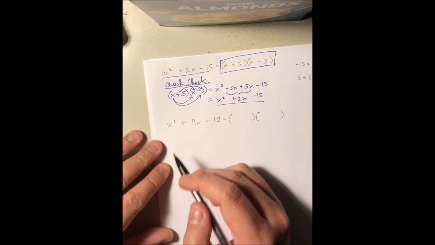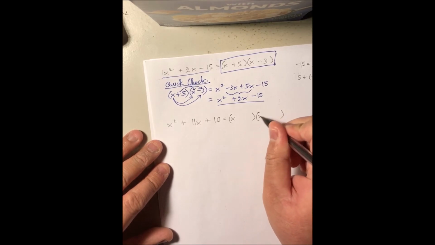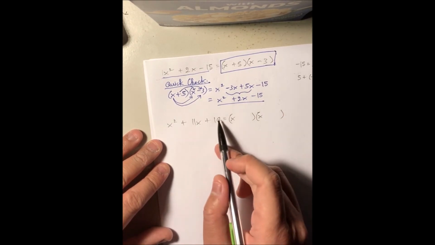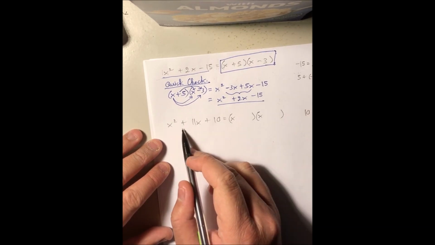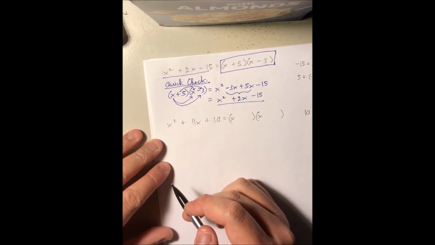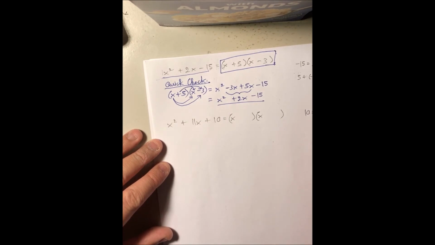The multiplicative factors of x squared is just +x and +x, so place them right there. The next term is the third term, +10. Two numbers that multiply together to give us back +10, and also added together to give us back +11. What are those two numbers?